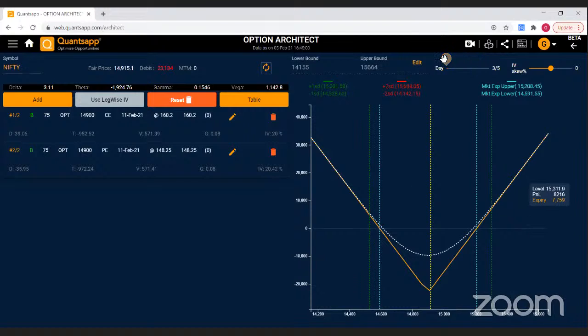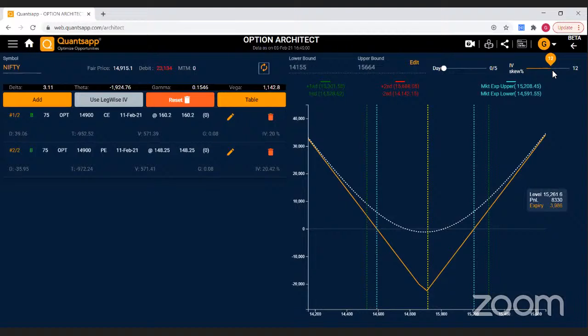Now, this is my payoff on the day where I'm making this strategy. I say volatility has increased by, let's say, 9 to 10%. Now you can see there was a slightly upward movement. So this is my break-even point level, and as the volatility has increased, the option premium for the call and put both increases.